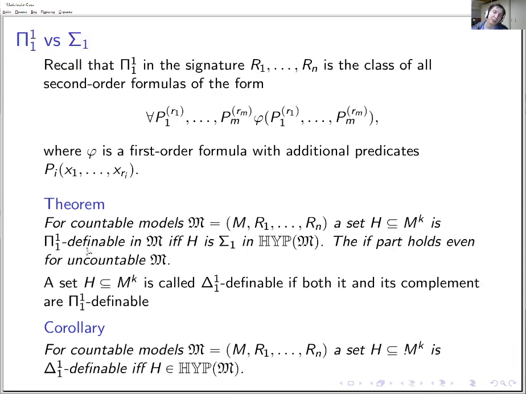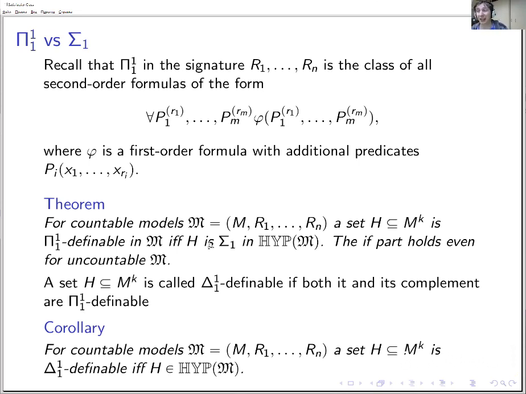The idea is that in pi1 formulas we can quantify over all models of Kp plus over the model M, as long as these models have the same cardinality as M. So we could say that something holds for all models of Kp plus over M.